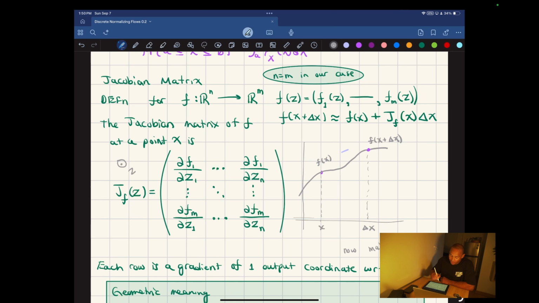The Jacobian of f represents how that neighborhood of z is transformed by f. And so it's a small linear approximation of the map f. That means that f of x plus delta x is approximately equal to f of x plus the Jacobian times delta x.